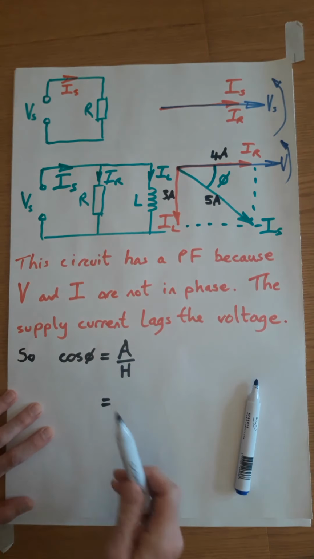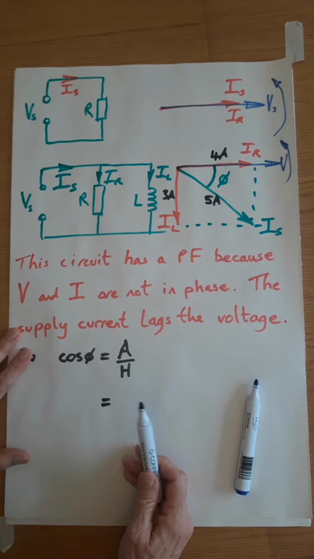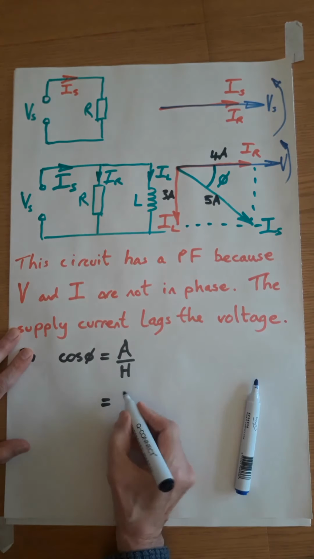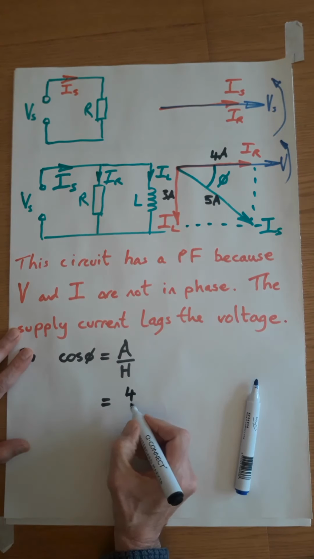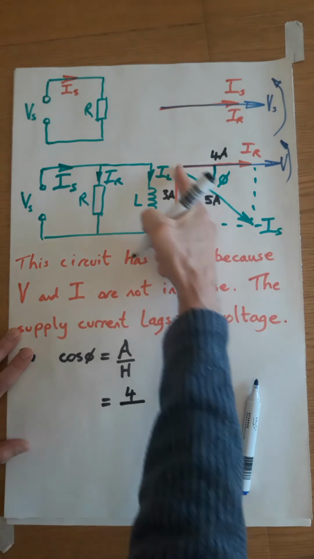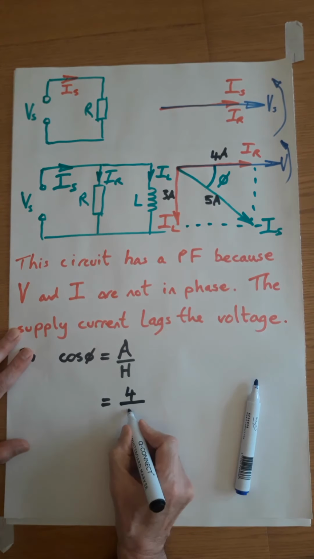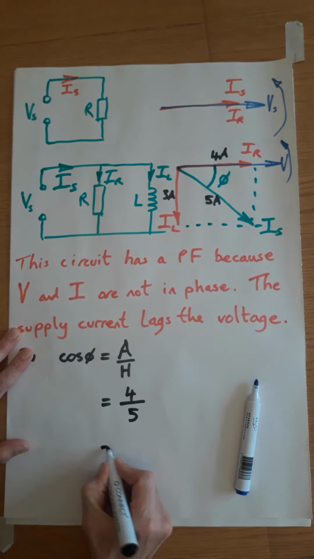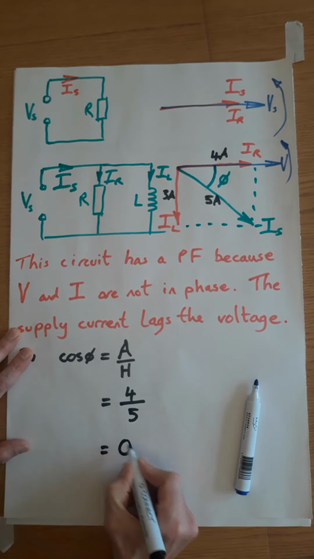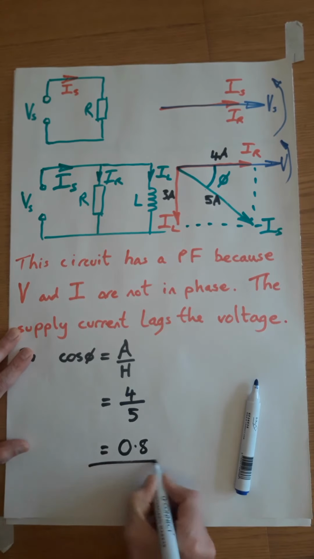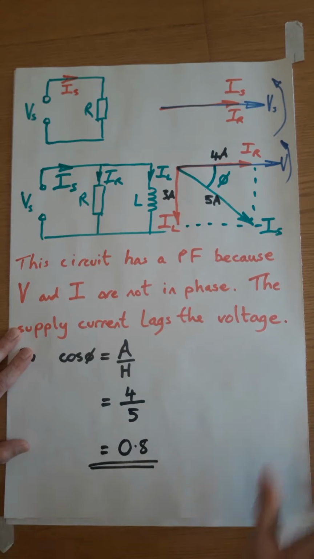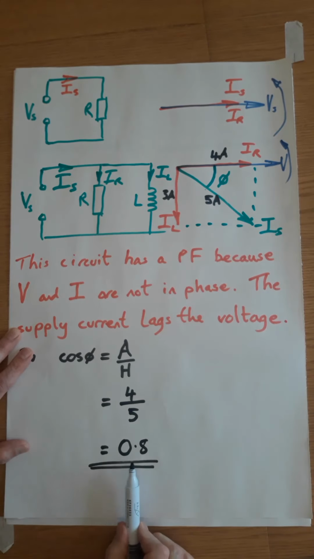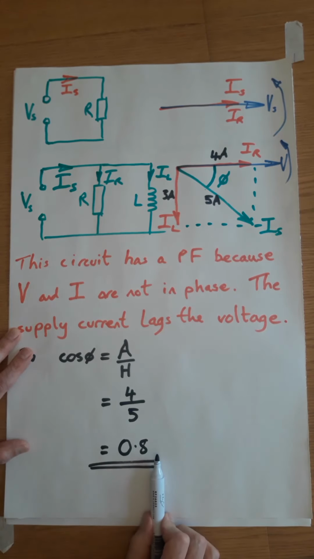In case you've missed it, I've just done a 3, 4, 5 triangle. The adjacent is 4. The hypotenuse, which is our supply current, is 5. That's going to give us a power factor of 0.8. Power factor will always be a number between 0 and 1, and there are no units.